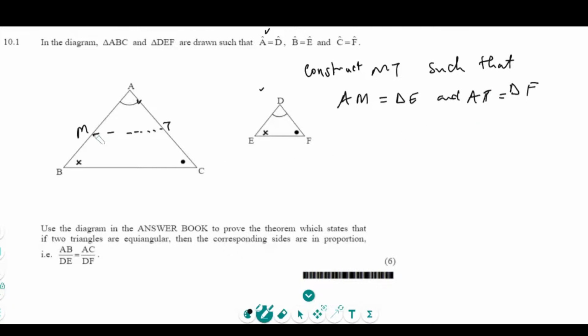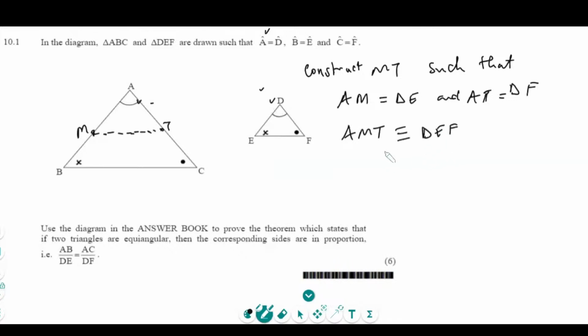Okay, so if that is done, and we're done with our construction, which means we can start by comparing to prove that these two triangles, AMT is congruent to DEF.